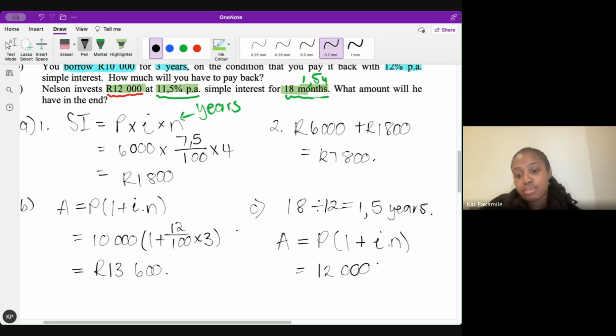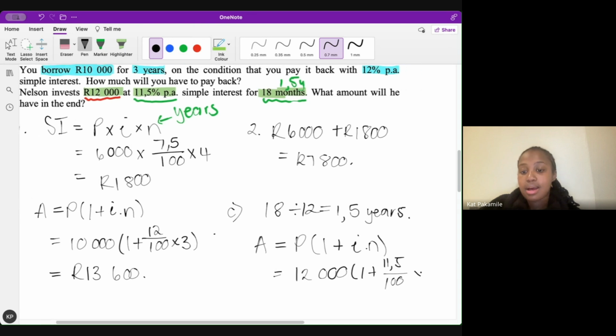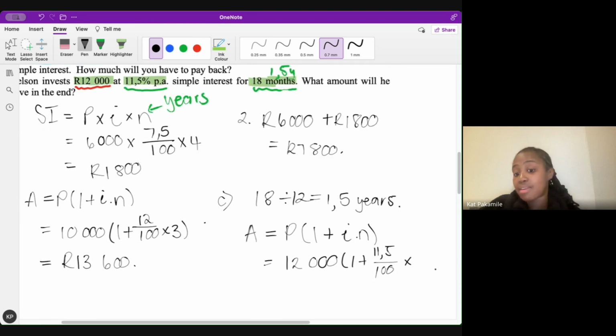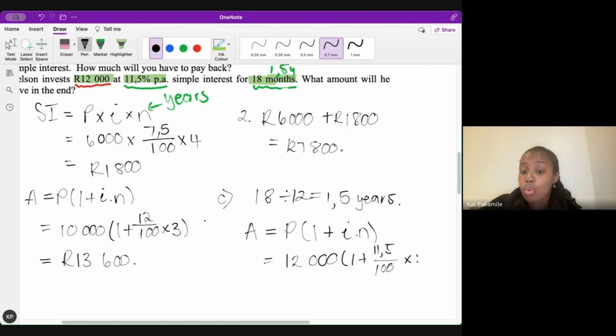So I'm taking 12,000 and I'm going to say 1 plus my interest rate, that is 11,5%. Okay, times the years that we have now established is 1,5.